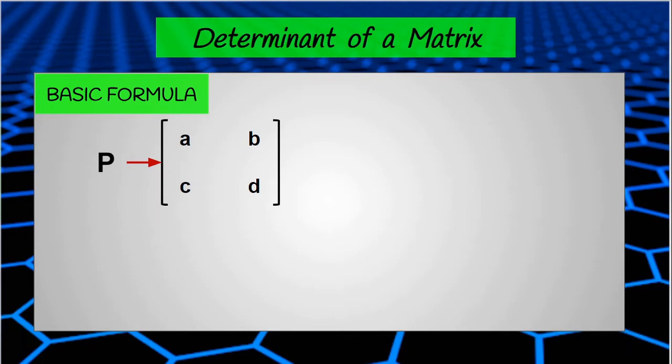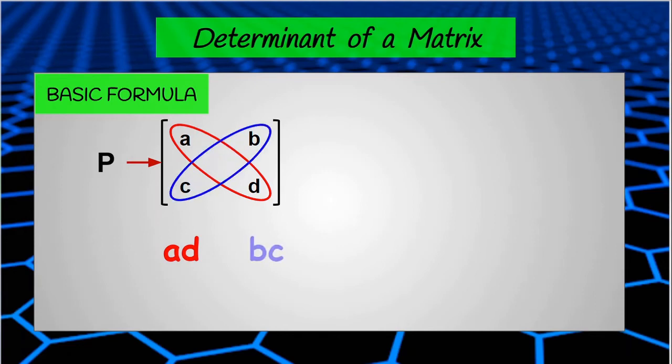Now, this is what I mean. So we multiply the values on the top left and the bottom right, that is A and D, and place here. Then we multiply the values on the top right and bottom left, that is B and C, then place here. Then we subtract them to get the determinant of P.